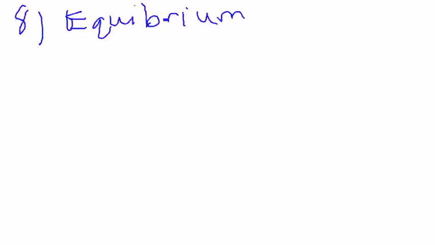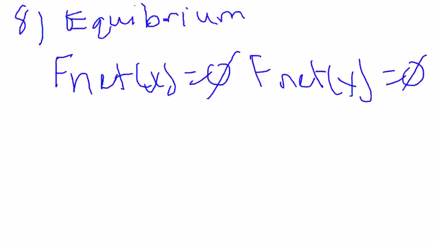Okay, first off, every time a problem contains the word equilibrium, you have to put F net of x equals 0 and F net of y equals 0. Which in this case is how it has to look.